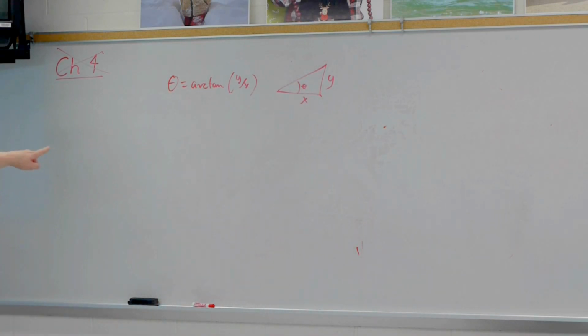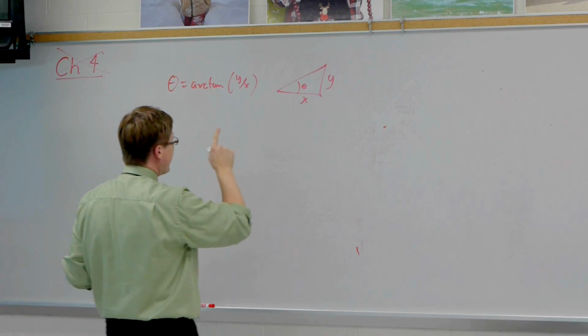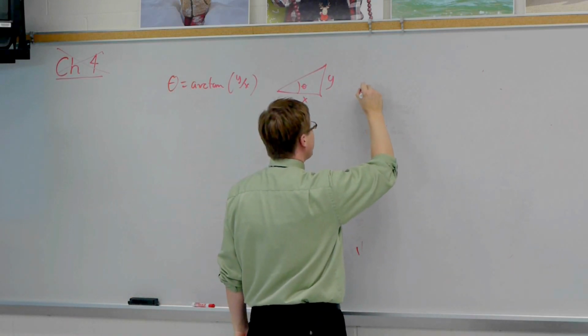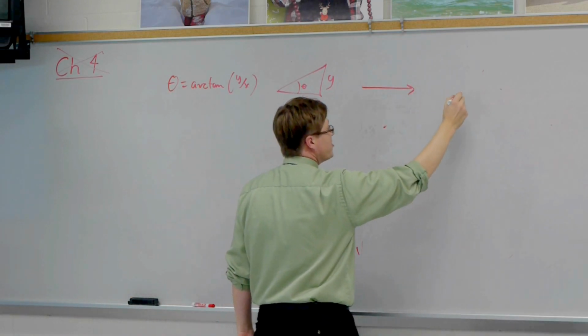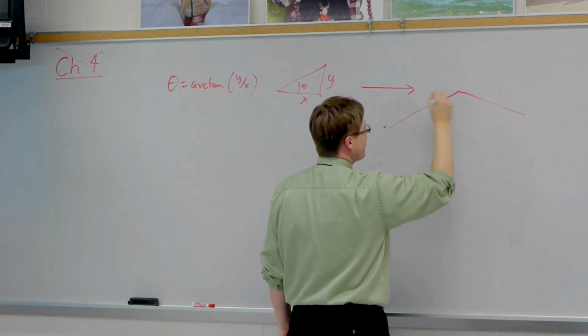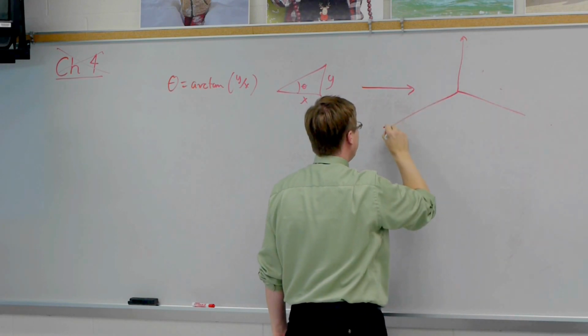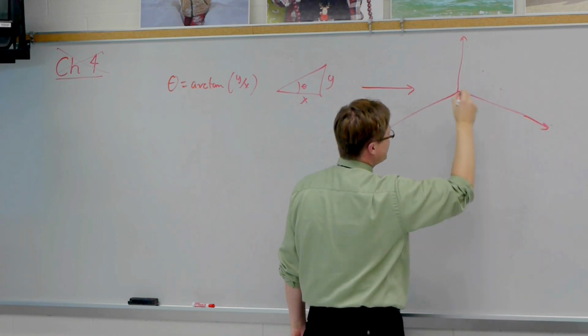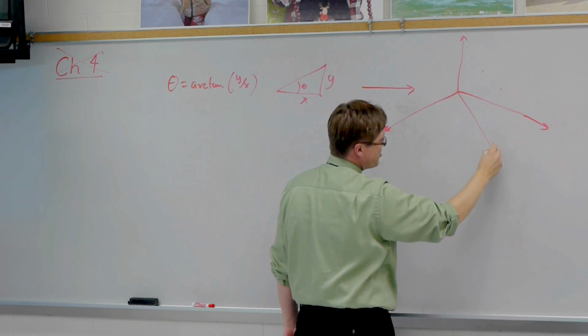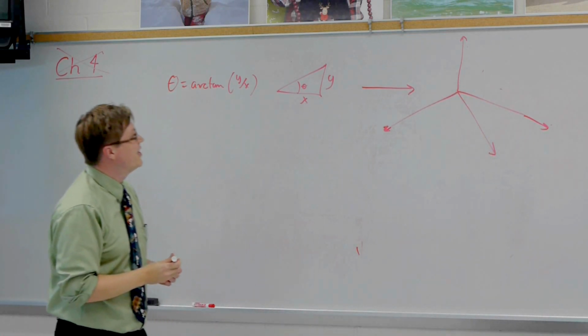Theta is the angle between the line and the x-axis. This idea scales very nicely to higher dimensional space. It's kind of hard to draw the picture, because it's hard to draw lines when there's really no perspective.